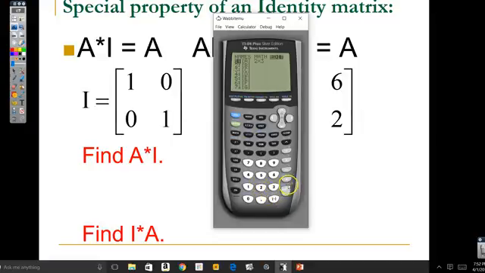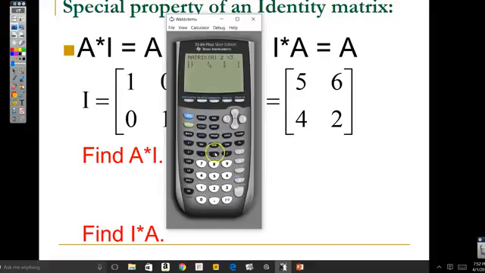We need a 2 by 2. And this is 5, 6, 4, 2.